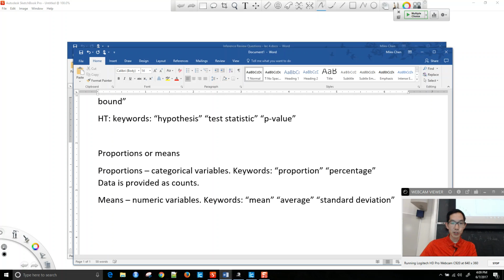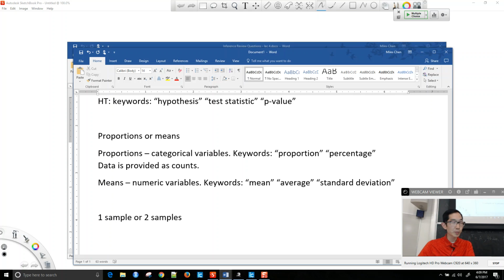So proportions or means, and then lastly, one sample or two samples. Okay? So basically, as you read the problem, you want to try to identify how many different n's are provided.